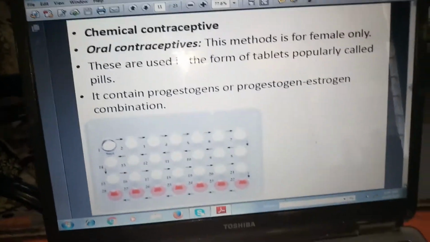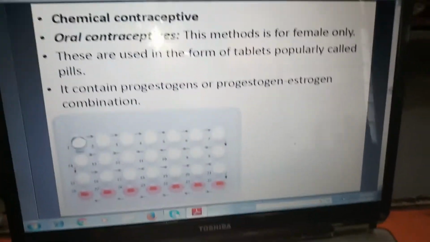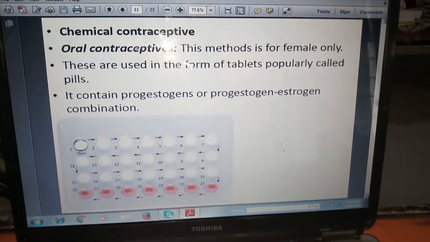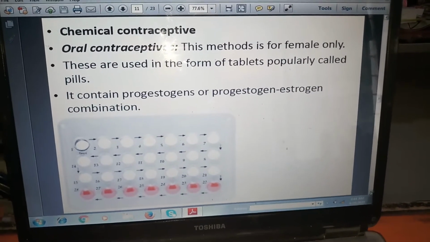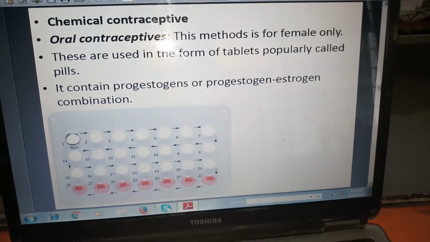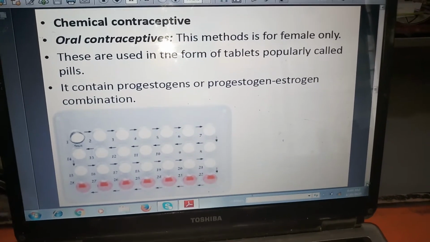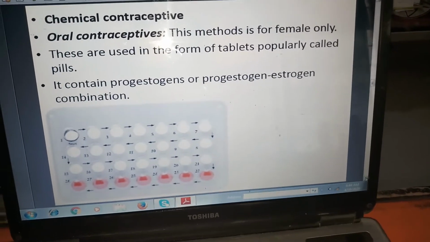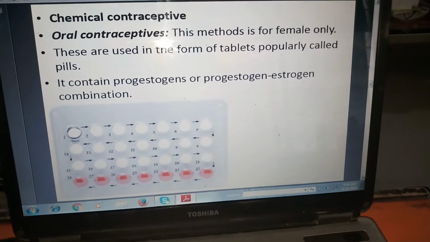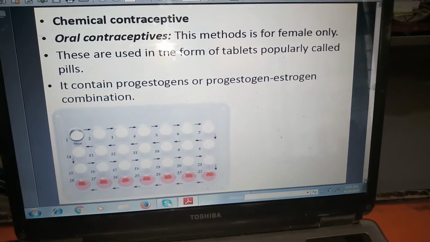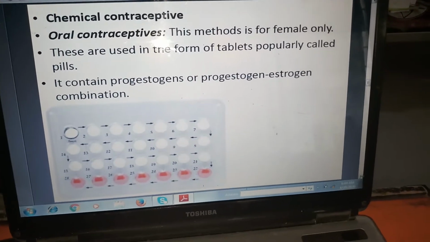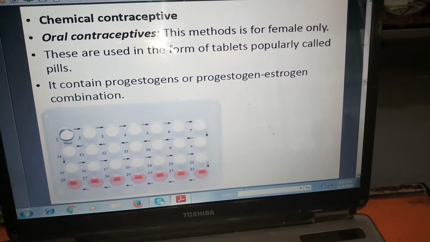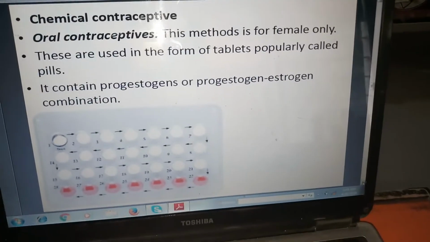Now next, chemical contraceptives. There are the oral contraceptives. This method is for females only. These are used in the form of tablets, popularly called pills. I have told you earlier that oral pills are available in the market, and oral contraceptives are easy to use. Women like them because they are taken orally.